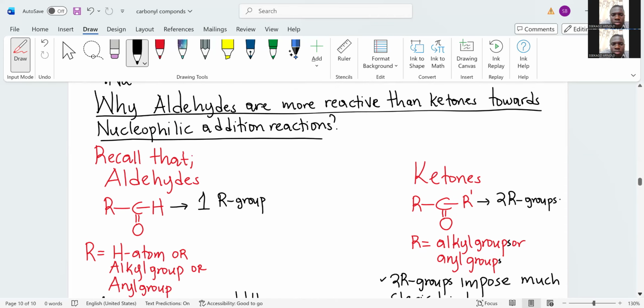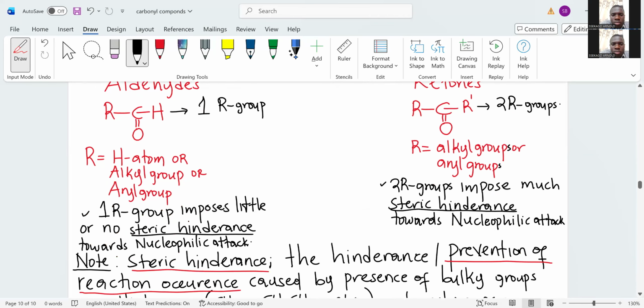Then I have said that these two R groups in ketones impose much steric hindrance towards nucleophilic attack. As in, they hinder, they prevent reaction occurrence. Why do they prevent reaction occurrence? They are bulky groups.